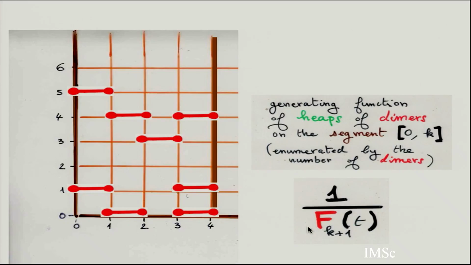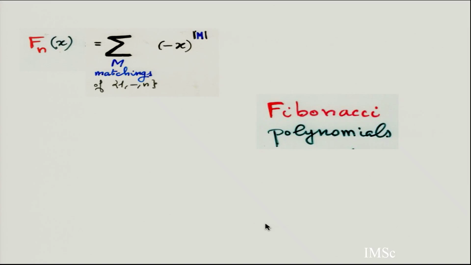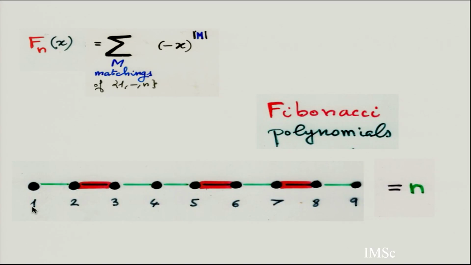There will be many polynomials like this related to Chebyshev polynomials. So the Fibonacci polynomial is defined as follows. You take a graph which is a segment of length n with n vertices, and you take a matching of this graph, meaning you take a collection of edges in red which are two by two disjoint.